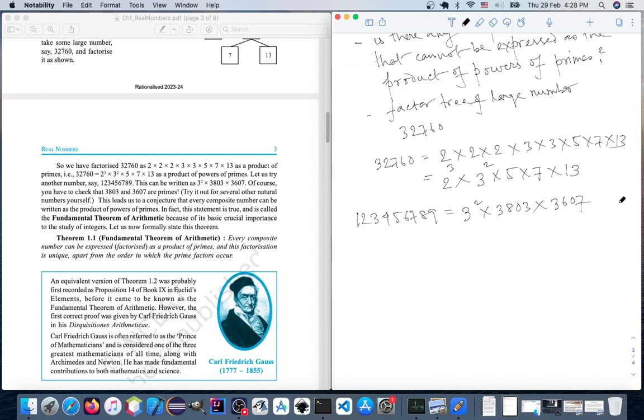Of course, you have to check whether 3803 and 3607 are primes or not. We have factorized this big number as 9 into 3803 and 3607.